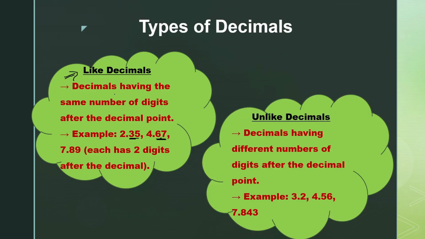The second type is unlike decimals: decimals having different numbers of digits after the decimal point. For example, 3.2, 4.56, 7.843. 3.2 has one digit, 4.56 has two digits, and 7.843 has three digits after the decimal. Since they have an unequal number of digits after the decimal, they are known as unlike decimals.